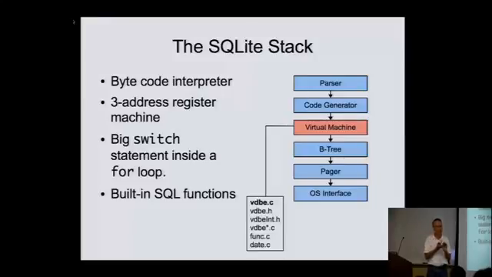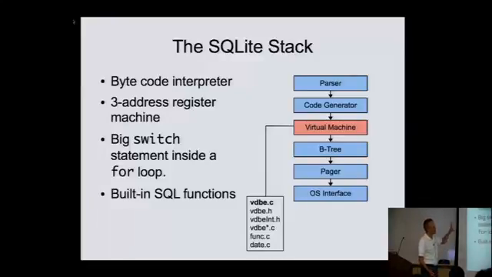It seems like every virtual machine always starts as a stack-based machine. But we changed it to a 3-address machine because that actually turns out to be more efficient and much easier to write optimal code for. It's really simple. It's a big for loop. Program counter equals 0, program counter plus plus, and inside the for loop there's a switch on the opcode, and there's a case for every opcode.